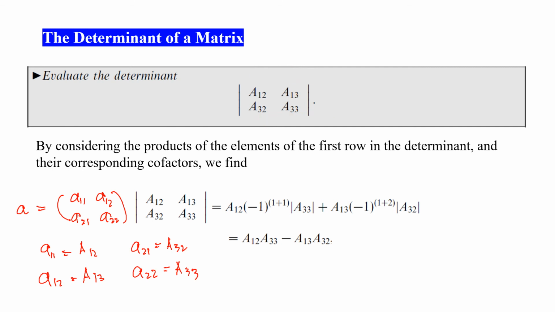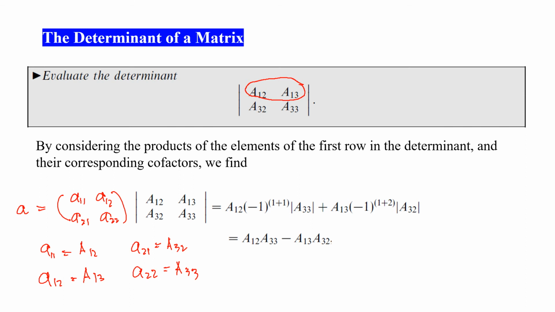So let's find the determinant of this matrix here. And again, to find the determinant, I can choose any row or any column. And let's say just for this example, I choose to find the determinant using your first row.